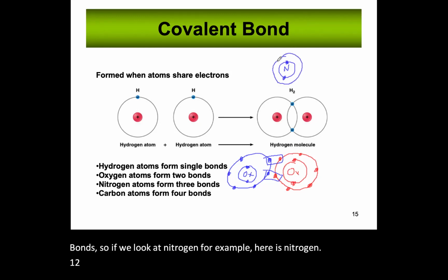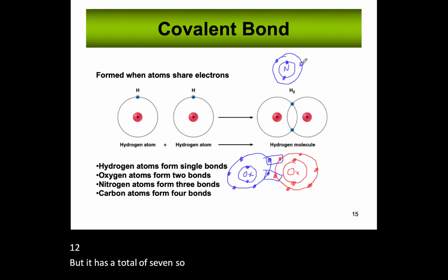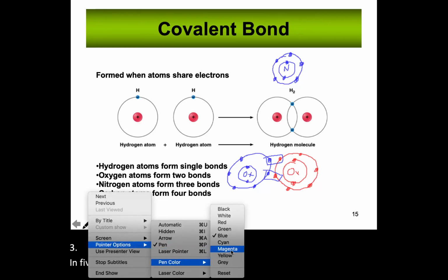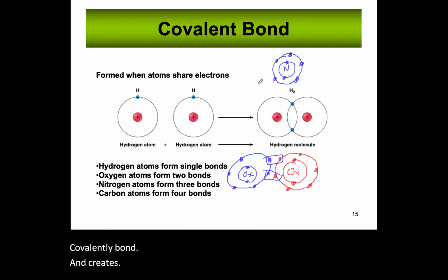Right? But it has a total of 7, so we need 1, 2, 3, 4, and 5. Right? Well, what can nitrogen do in order to covalently bond and create 8 electrons? Well, what it can do is it can actually bond with hydrogen, which has 1 electron.